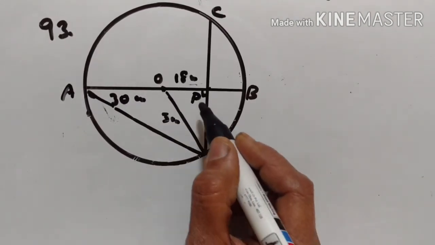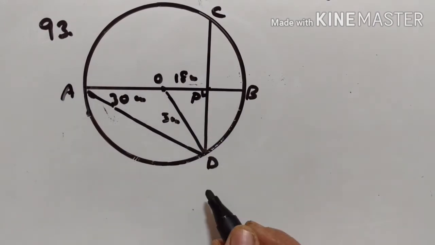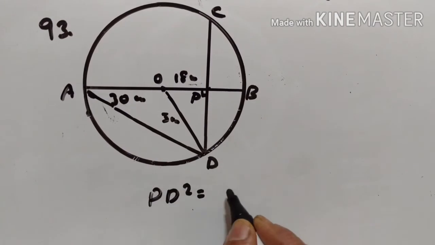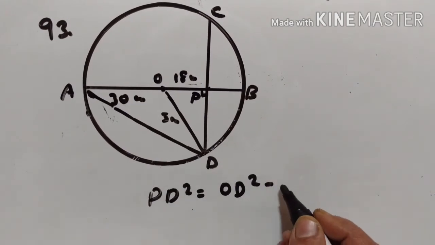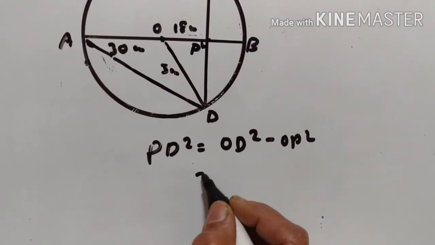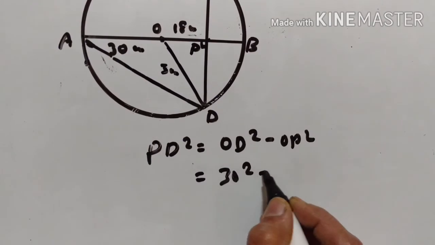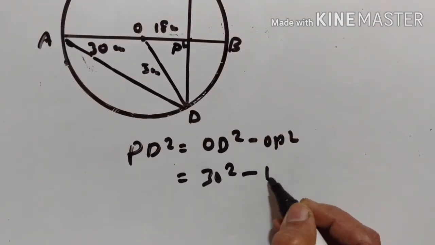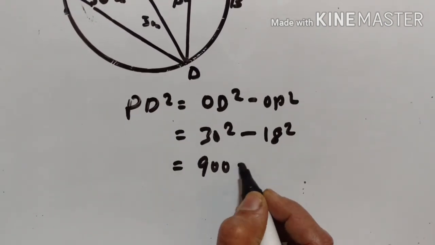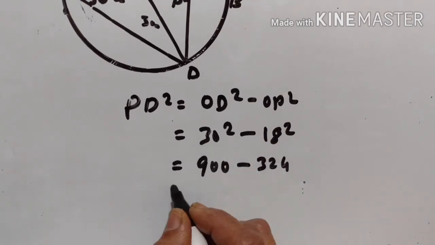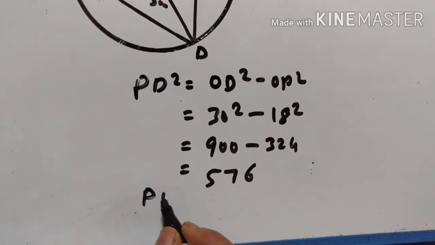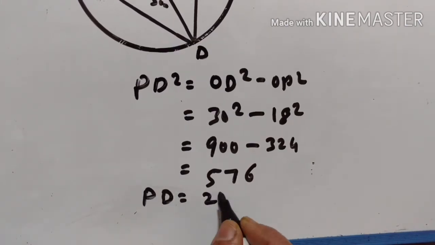Therefore, OD squared is equal to OP squared plus PD squared. So, PD squared is equal to OD squared minus OP squared, 30 squared minus 18 squared, 900 minus 324. Therefore, PD is equal to square root of 576, that is 24 centimeter.